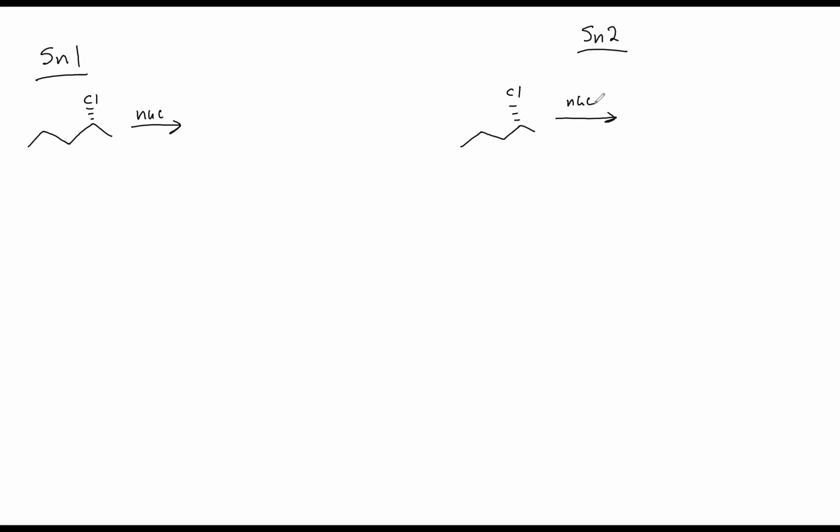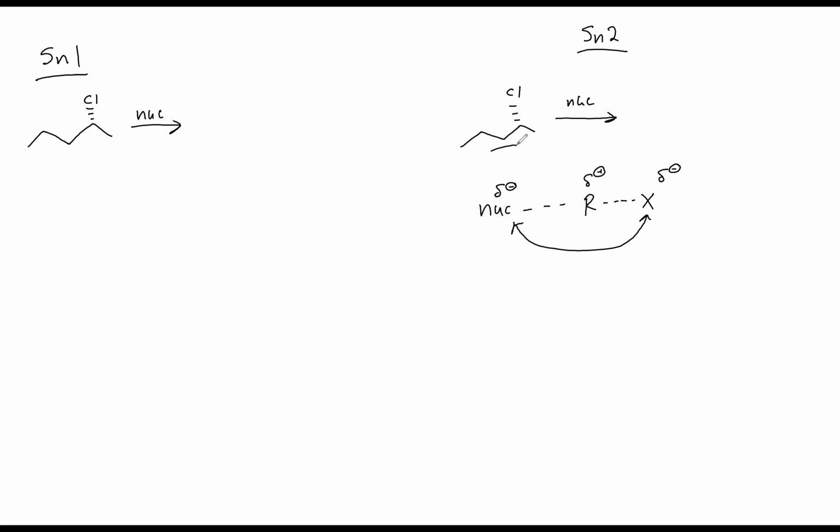So Sn2. Whenever we do our Sn2 reaction, we know that our transition state is going to look something like this, where we have our X group over here and our nucleophile over here. Both of them will be partially negative, and the R will be partially positive. And so as we know, the negative charges are going to repel each other. So they're going to want to stay as far away as possible from each other.